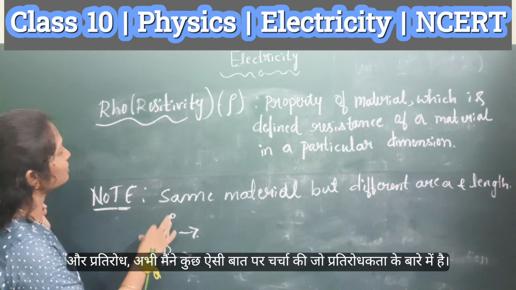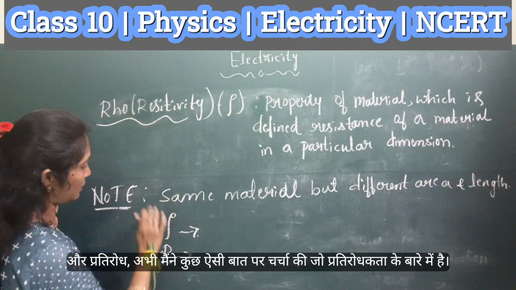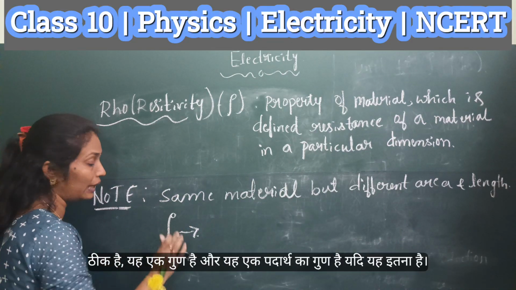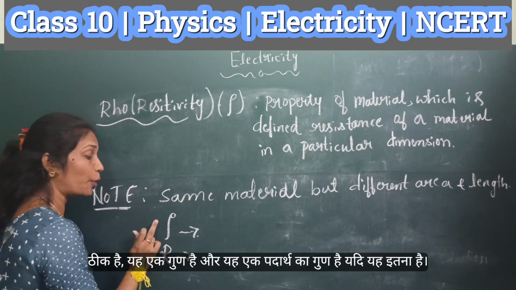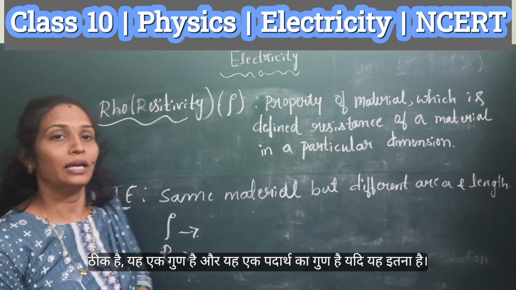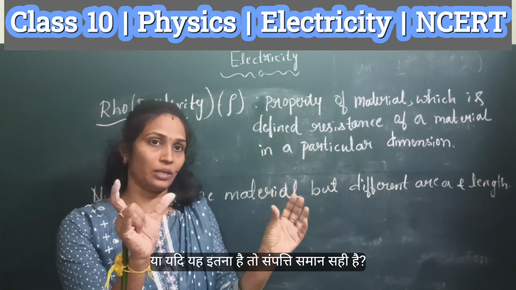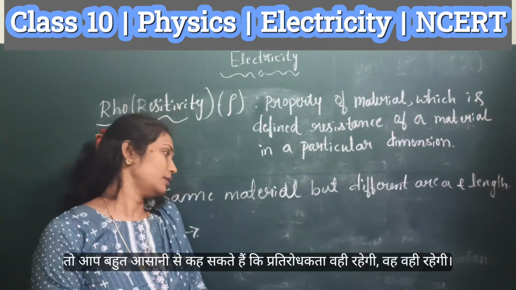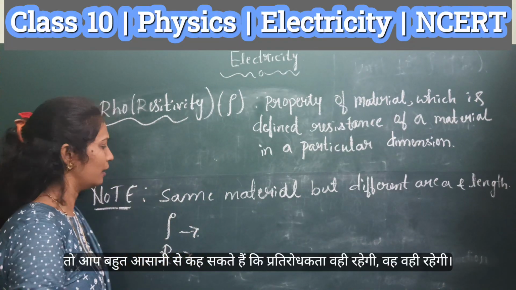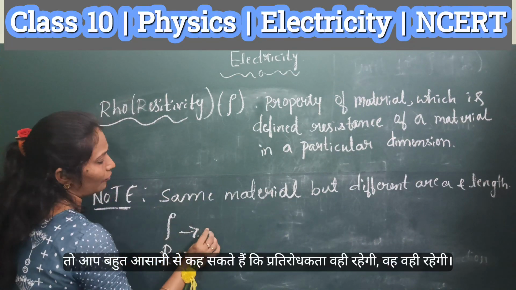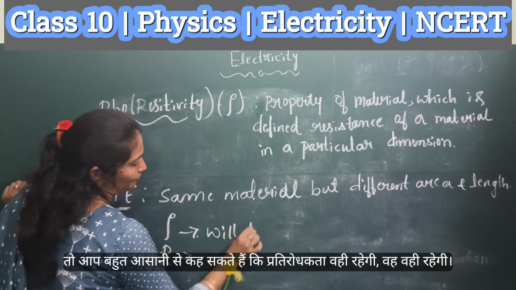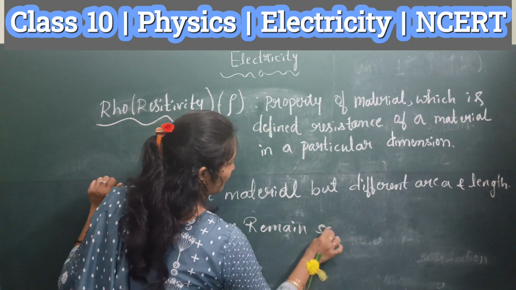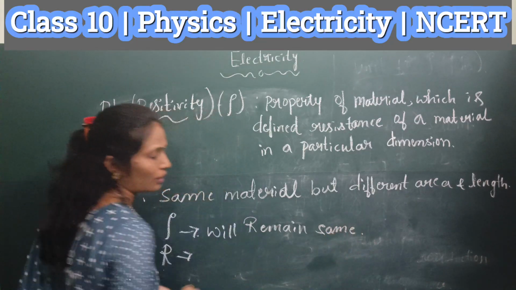Just now I discussed resistivity. What is that? It is a property of a material. If it is this much or if it is this much, the property is the same. So that is very easily you can tell: the resistivity will remain the same.